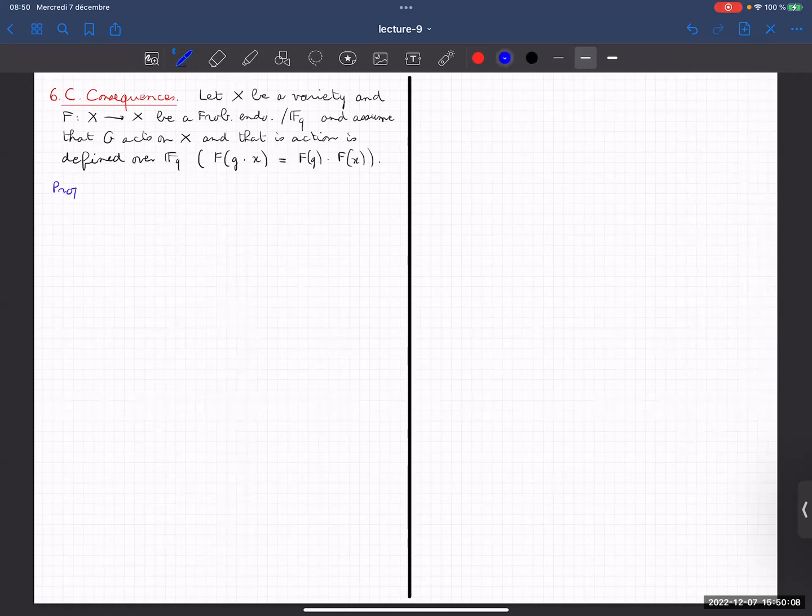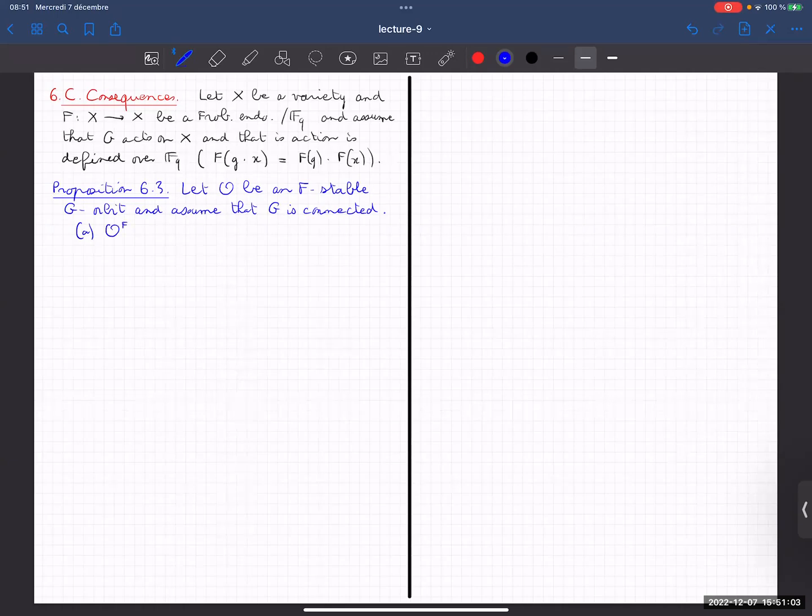And the proposition that will follow from Lang's theorem is the following: if you have an F-stable G-orbit, and of course we have to assume that G is connected, then the fact that the orbit is F-stable implies that there is an F-stable point in it.